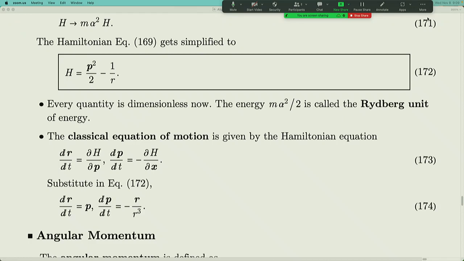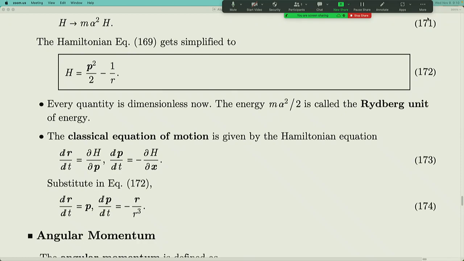If you want to know the time derivative of position, you take the partial derivative of your Hamiltonian with respect to momentum. And the time derivative of momentum is determined by the partial derivative of the Hamiltonian with respect to position, with a minus sign. So if you use this principle and substitute this Hamiltonian, you will get this equation. It makes a lot of sense. The momentum is proportional to velocity, because the mass is 1 now.